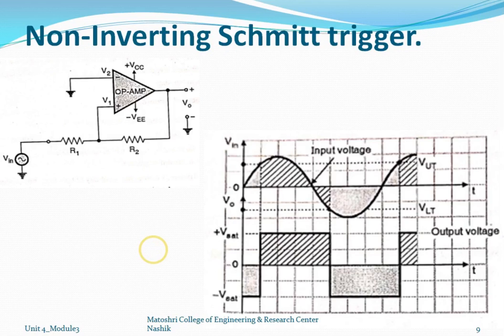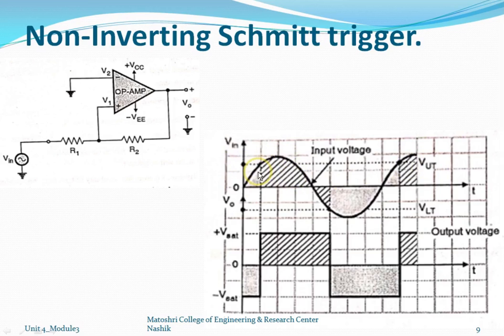This is the non-inverting Schmitt trigger. Here the input is applied on the non-inverting terminal, so it's a non-inverting type of Schmitt trigger. It is also clearly seen that when the input crosses point A, the output shifts from negative V set to positive V set, and at that time the reference voltage becomes VUT.